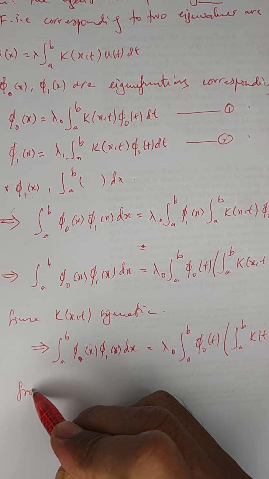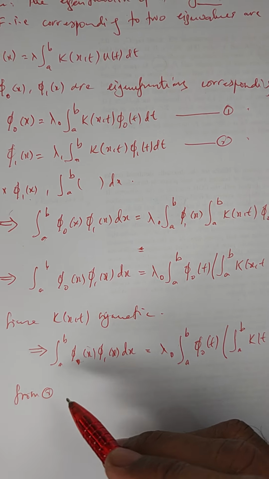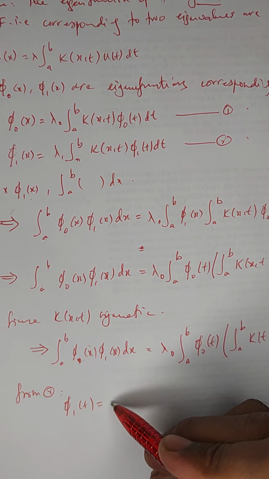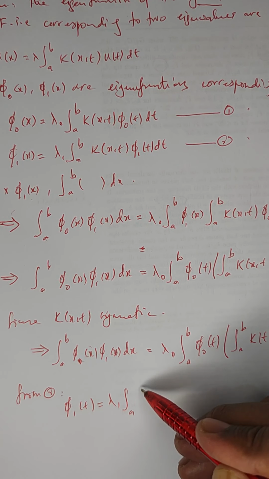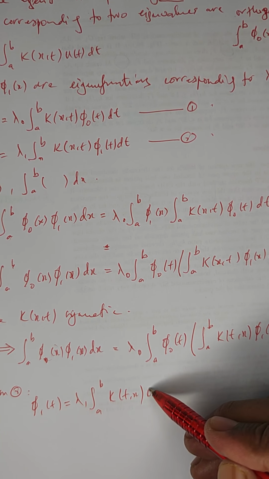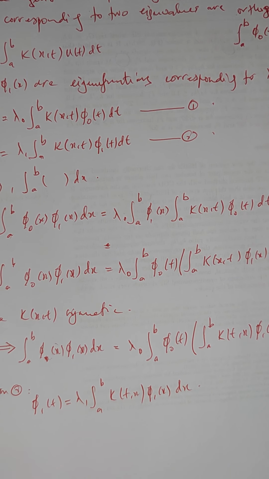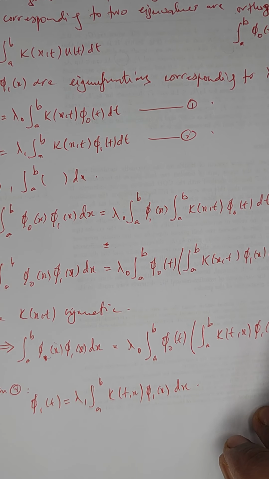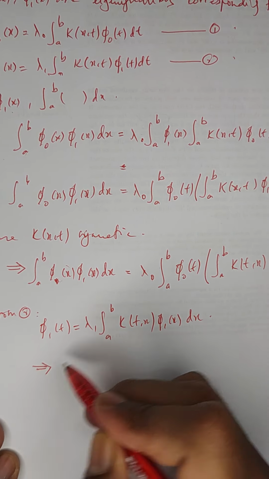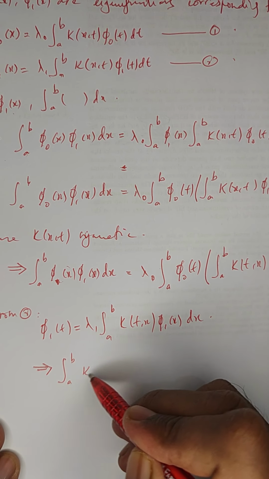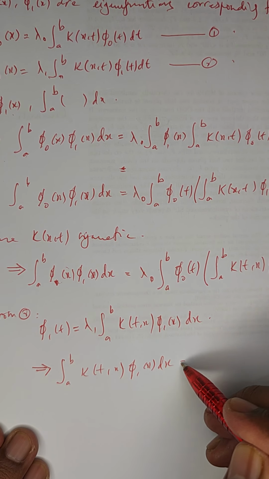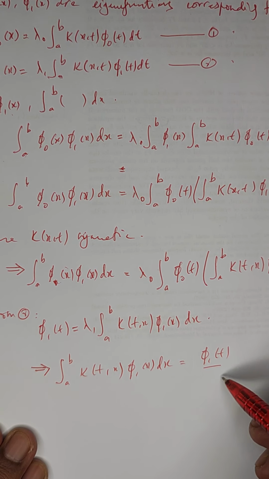So from 2, I can write phi1 t is equal to lambda 1 integral a to b k(t,x) phi1 x dx, which I can write as integral a to b k(t,x) phi1 x dx is equal to phi1 t over lambda 1.